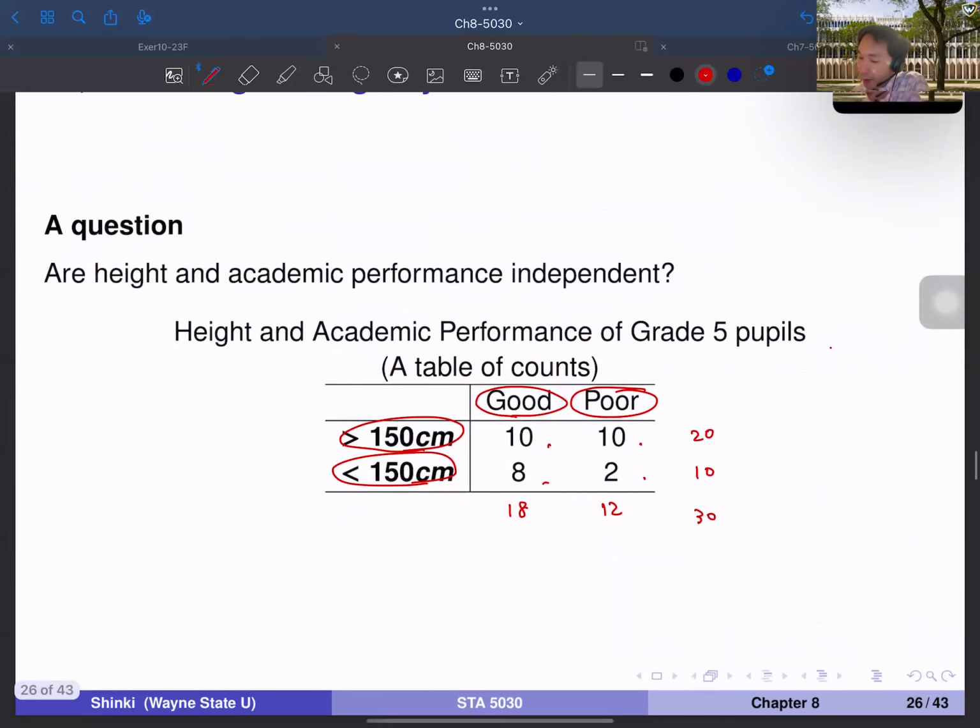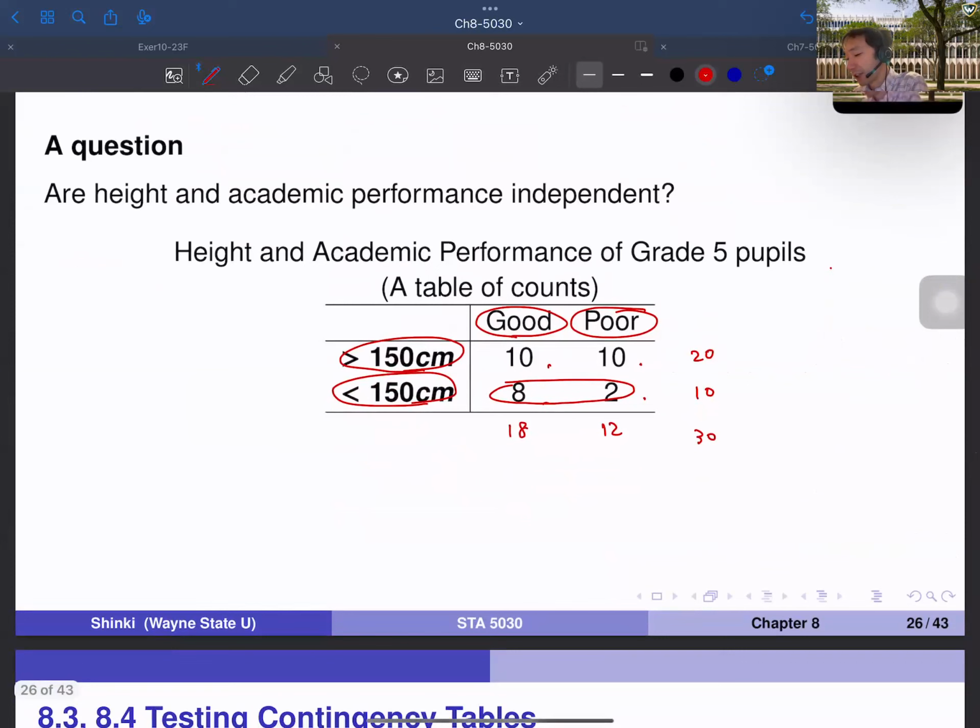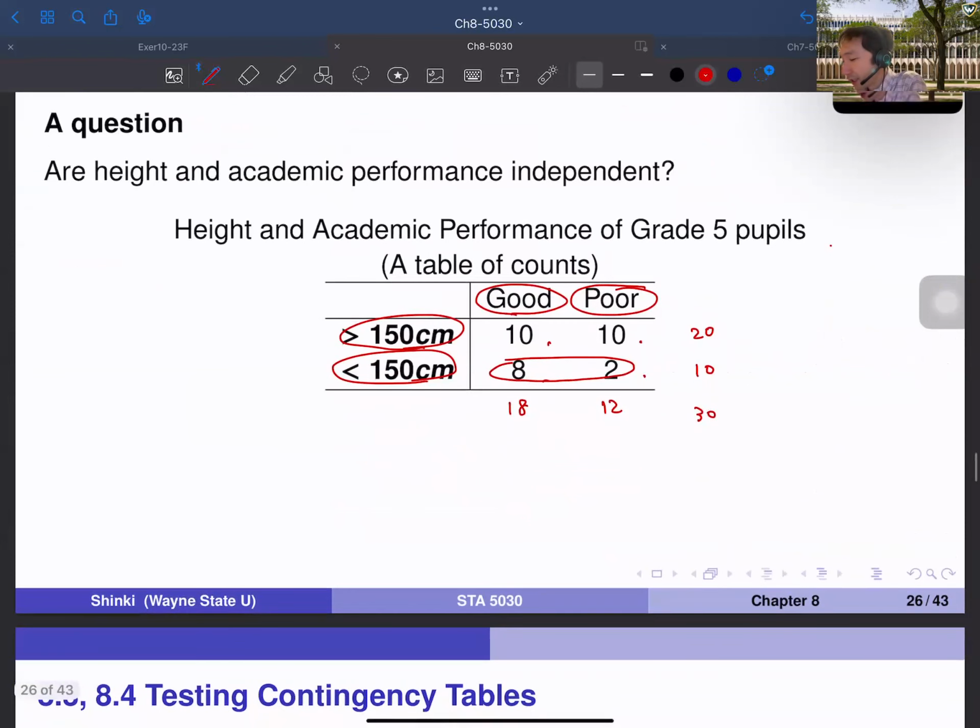When we see this, it sounds like the smaller students did better in academic performance. Some people argue that some kids develop intellectual skill first, and some kids grow fast. Finally we got the same result, but we have some discrepancy in the middle. So sometimes we have this kind of data.